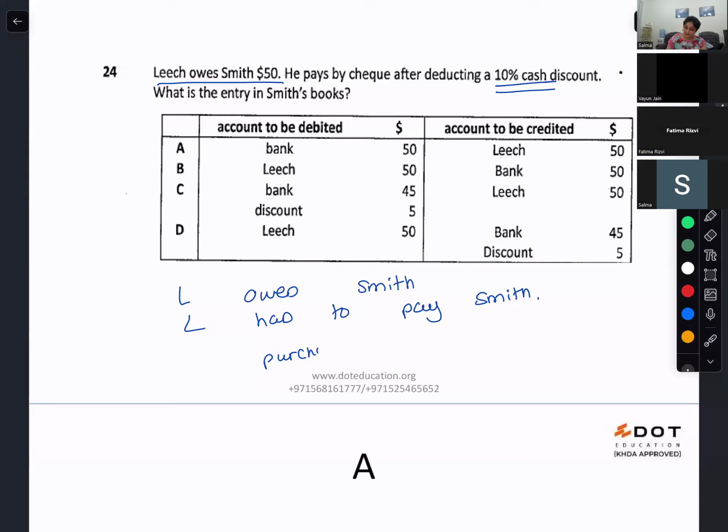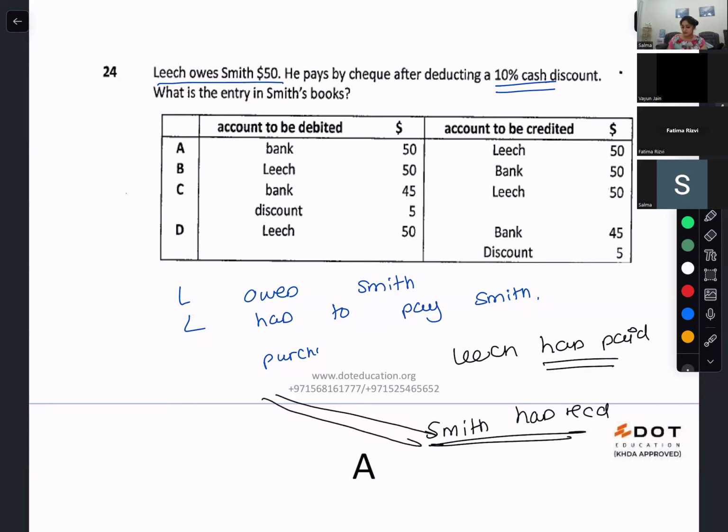So that's 45. Give me the entry in Smith's book. Leach has paid, so Smith has received.